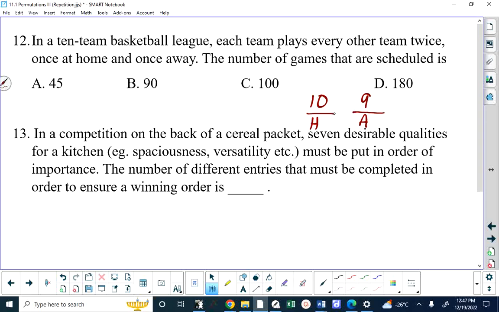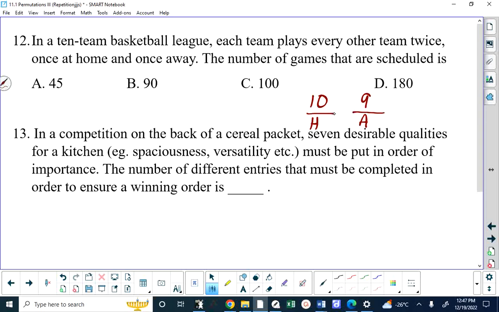Another more abstract way to look at this, and I don't care for this approach, is to say that since they're playing twice, and I think the playing twice kind of throws you off track, where I put their names depends on the game. Meaning if the Wildcats go here and the Raiders go here, that's a different match than the other way around.